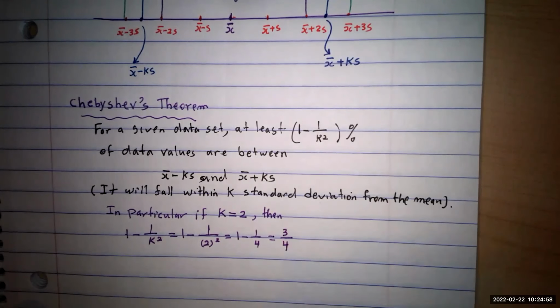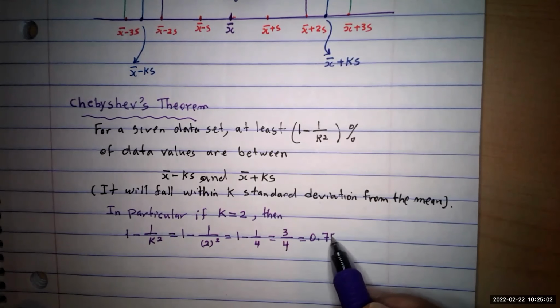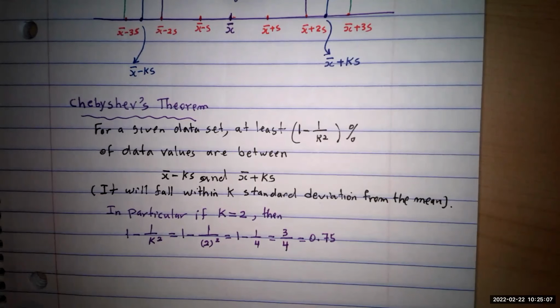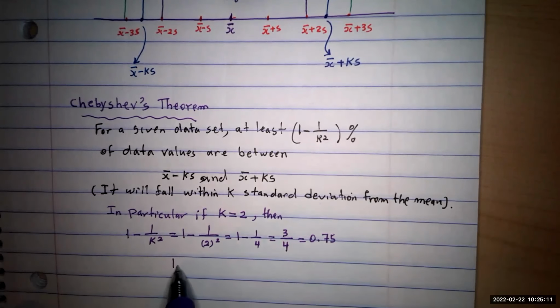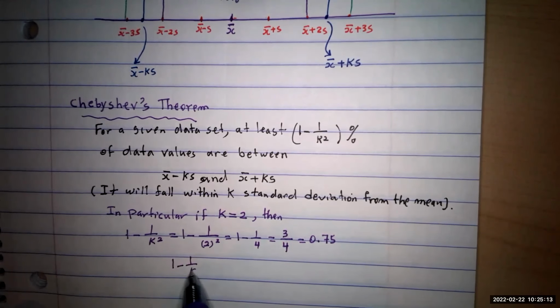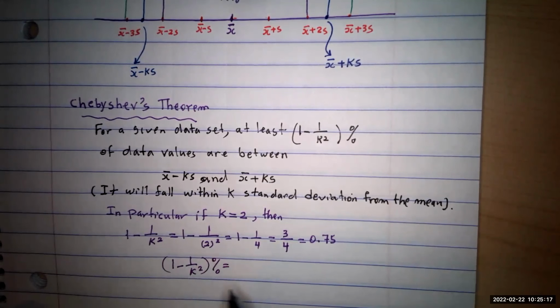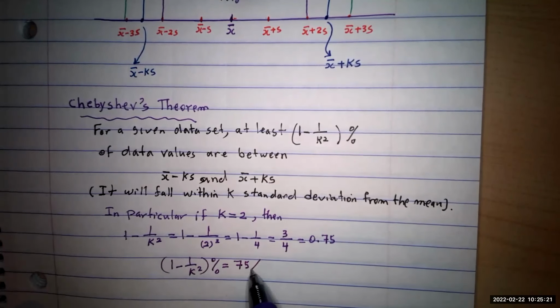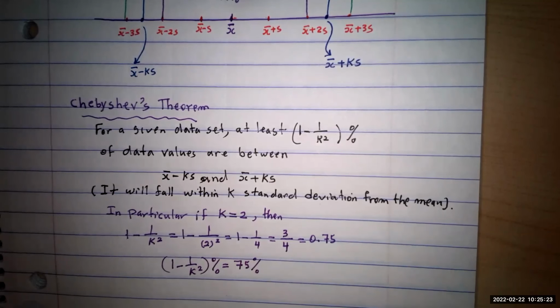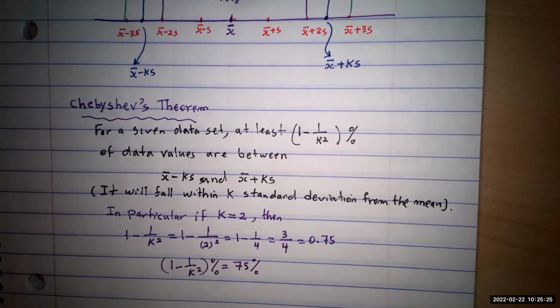Okay, the 3/4 is 0.75, so 75%. In this case, the 1 minus 1 over k squared percent that we talk about is going to be equal to 75%.